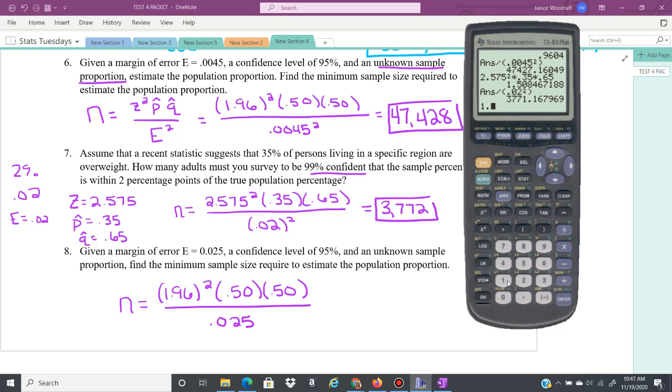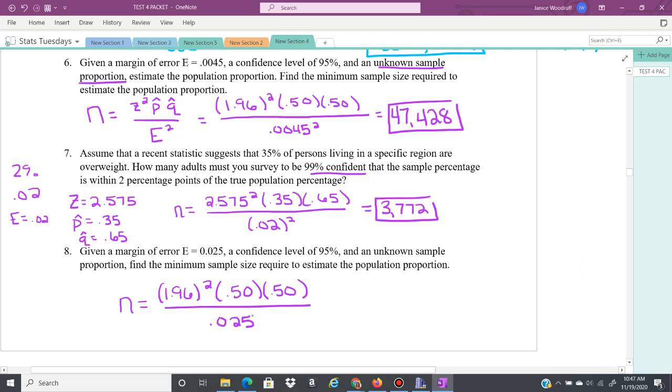All right, so 1.96 squared times 0.5 times 0.5 divided by 0.025. Oh, and that should be squared there. Let me add that in on the paper. But 0.025 squared, that's going to be 1,536. We're going to round that up to 1,537.